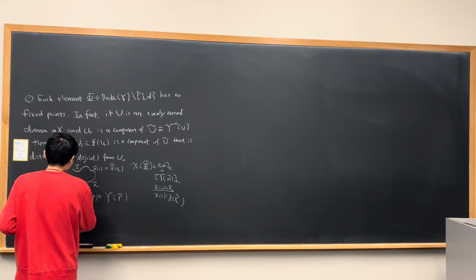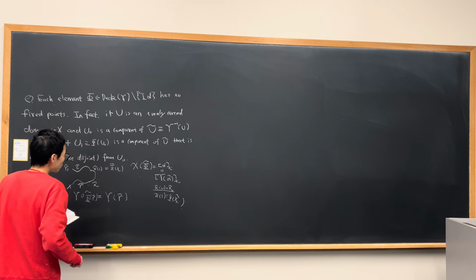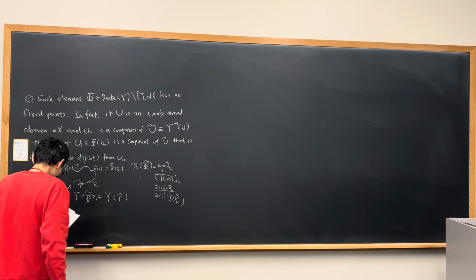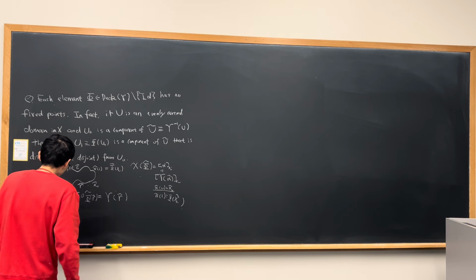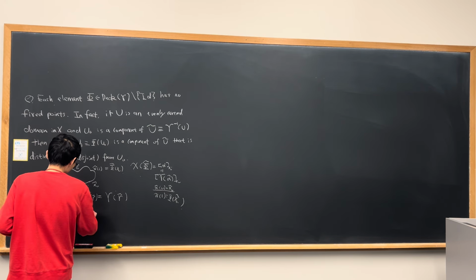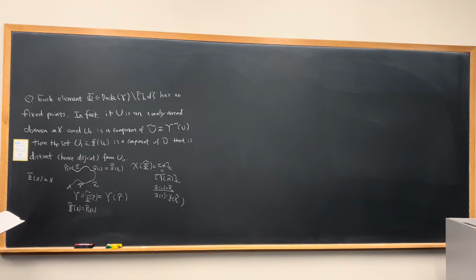So last time I showed that this phi of x is equal to gamma tilde of 1. What does that mean in general?